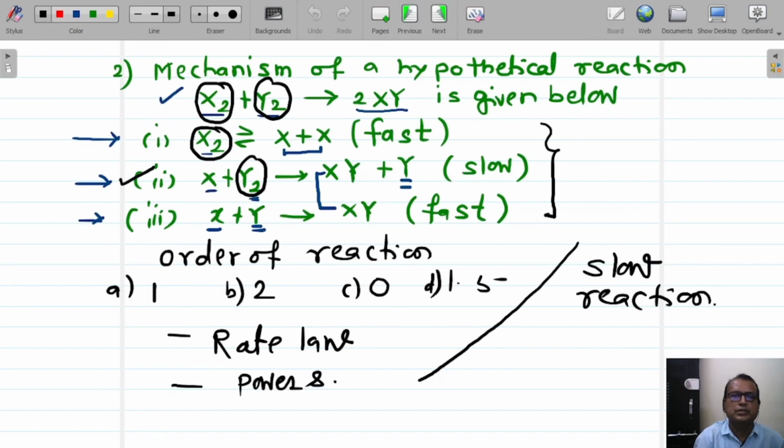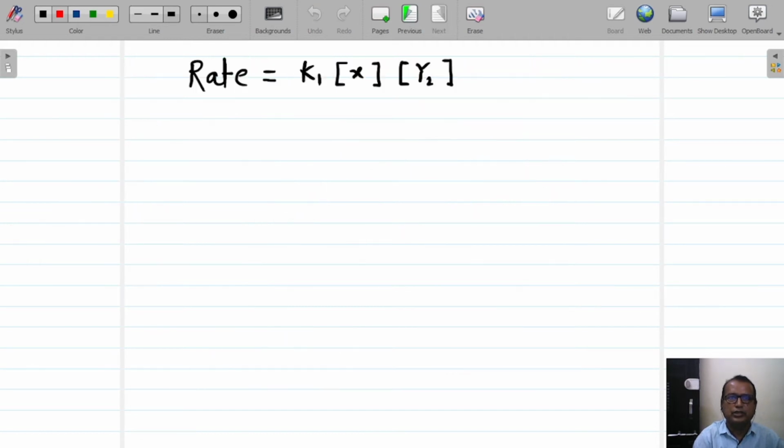This slow reaction has X and Y2 as the reactants. You must write the concentration of X and concentration of Y2 with respect to rate constant K. This rate law is given by this reaction: rate is equal to K1 into concentration of X into concentration of Y2. This is the rate law.